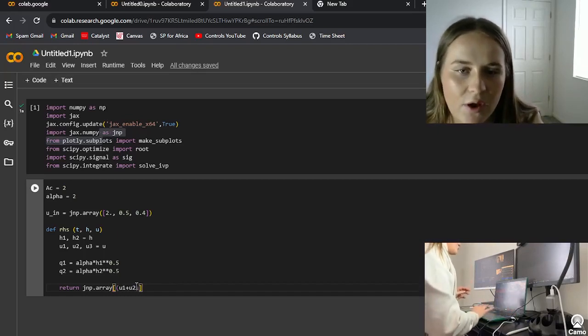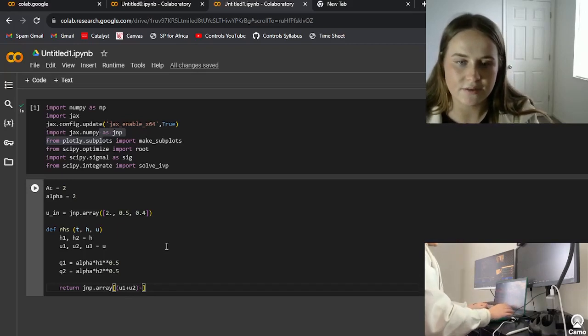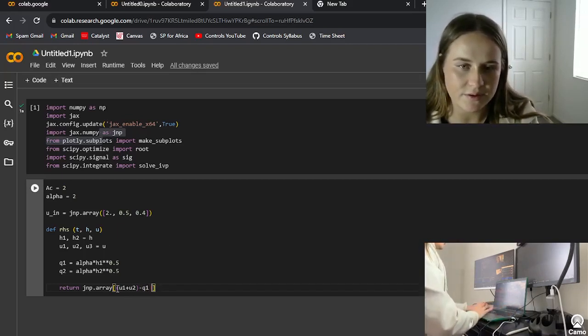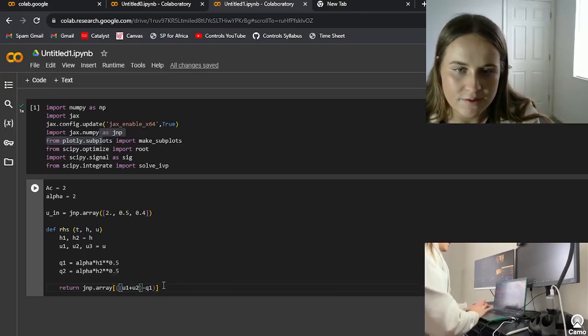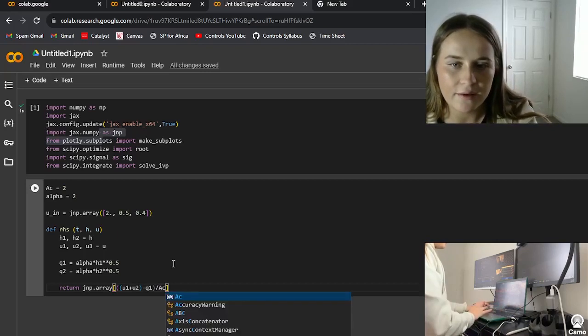There we go. Okay, u1 plus u2 minus q1, and I'm going to put this in parentheses. And this is divided by AC.